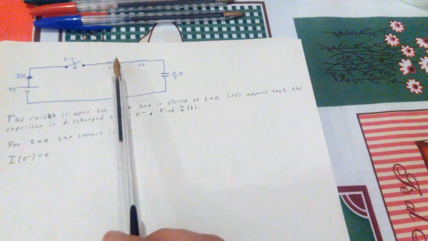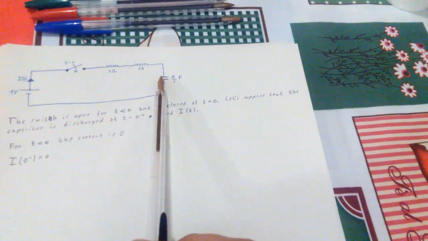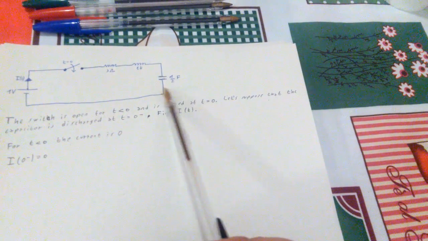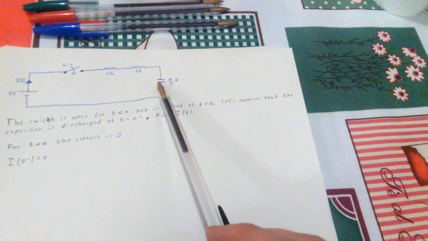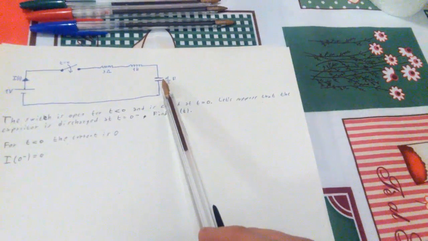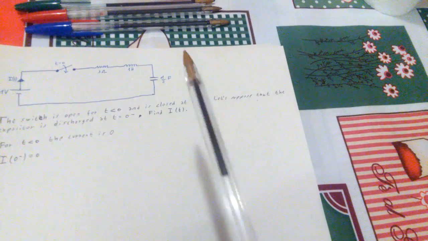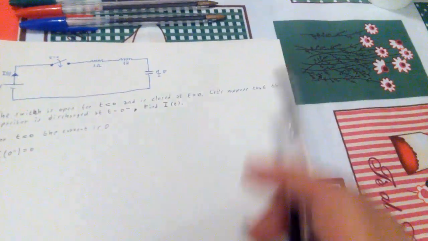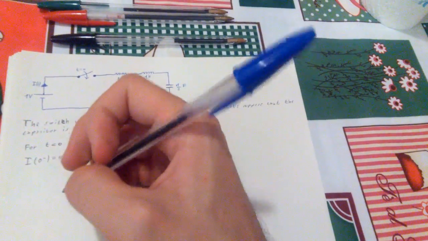The resistance is still going to be a resistance, and the capacitor, since it's initially discharged, doesn't have a charge, so it's just going to be a resistance. So let's write our equivalent circuit of Laplace.